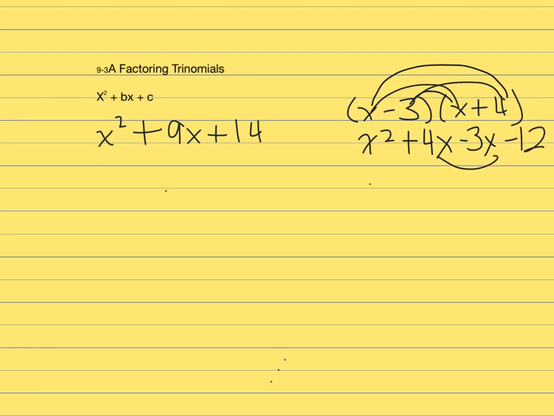And then we combined like terms in the middle, and we ended up with a trinomial. And so now we're going to start with the trinomial, and we're going to go backwards to come up with the factors.